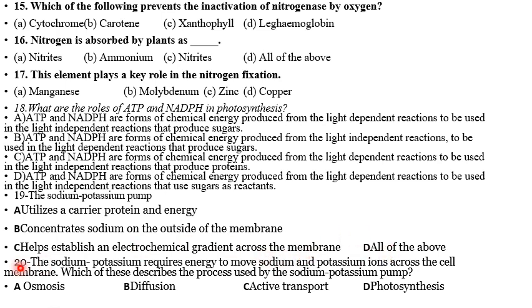Number 20. The sodium potassium pump requires energy to move sodium and potassium ions across the cell membrane. Which of the following describes the process used by the sodium potassium pump?